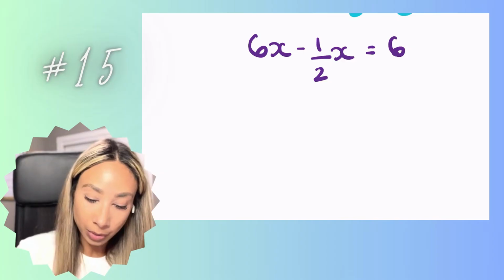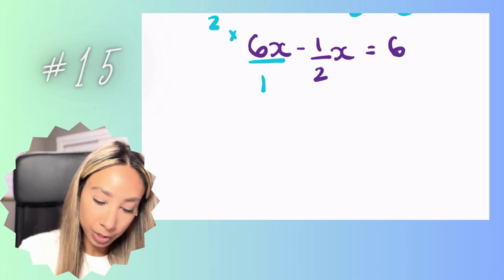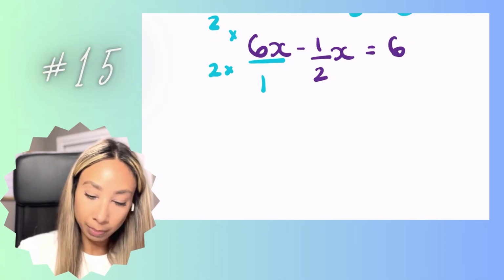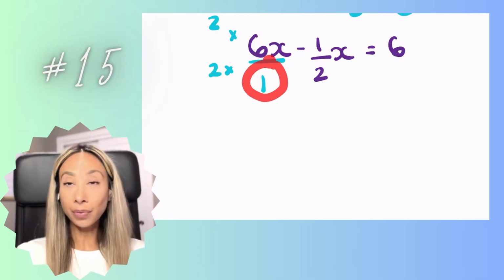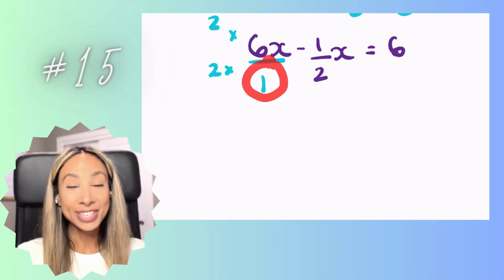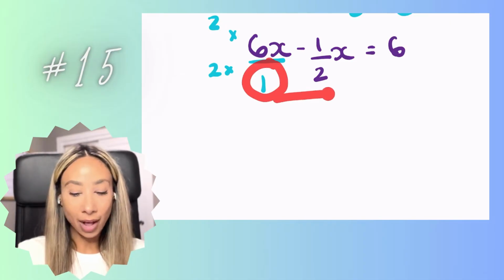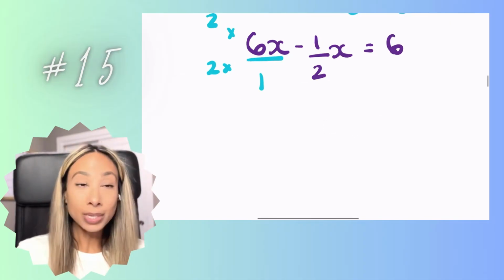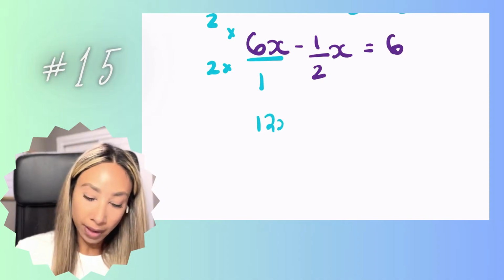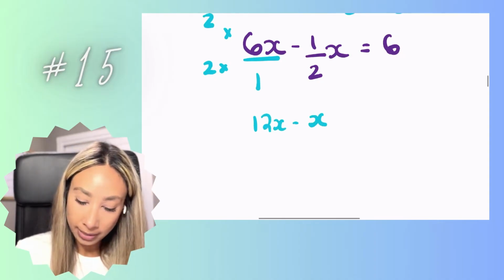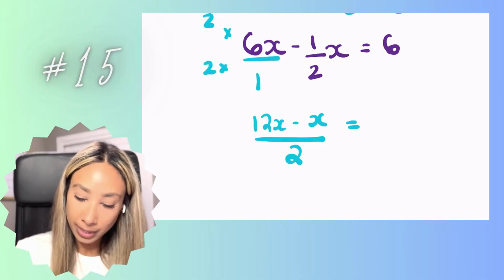That means I'm going to multiply both sides by 2. And the reason I'm multiplying both sides by 2 is because every whole number has an invisible 1. So by multiplying it by 2, now they can have the same denominator. So that's going to look something like this. 12x take away x over 2 is equal to 6.